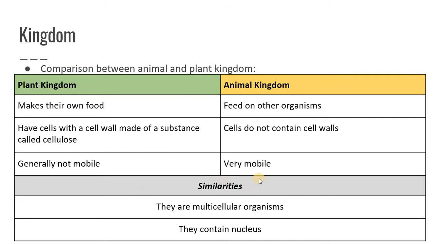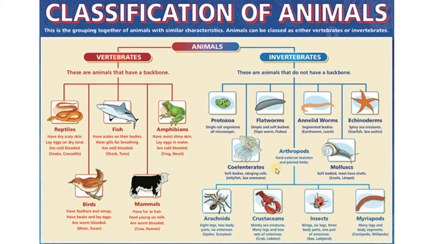And of course, animal and plant kingdom share certain similarities. They are both multicellular organisms. Their cells contain nucleus, right? And to dive in deeper, animal kingdom is further classified into vertebrates and invertebrates. Vertebrates refers to animals that have a backbone, whereas invertebrates refers to animals that do not have a backbone.